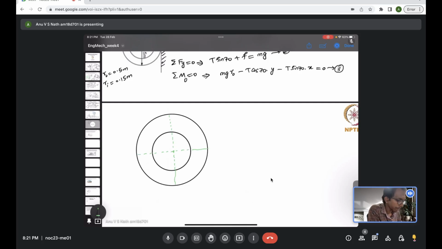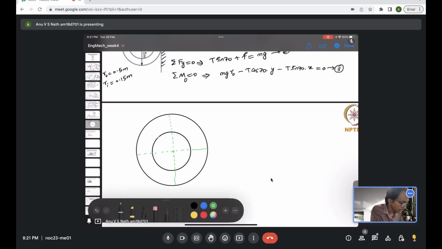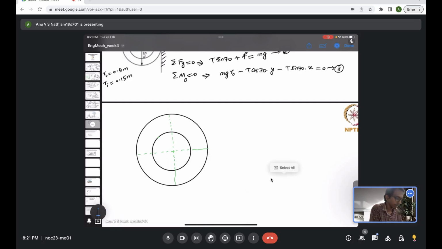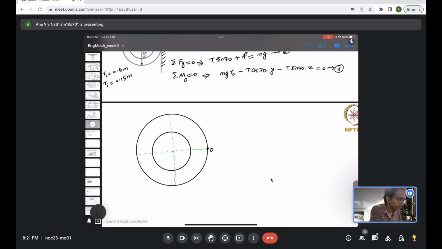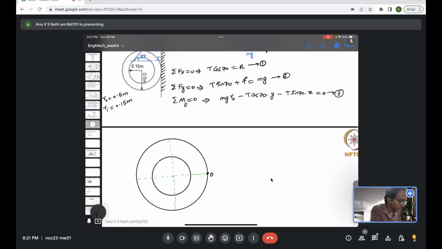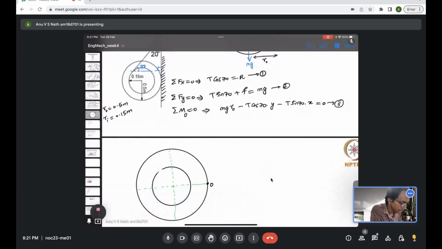So this is the center line, and we have the point here, the point through which the tension force is acting. Now we want to find the horizontal and vertical location of this point from the point O. From O, the vertical value is this distance, which is y, and the horizontal value is this distance, x. These are the two things that we need to evaluate.